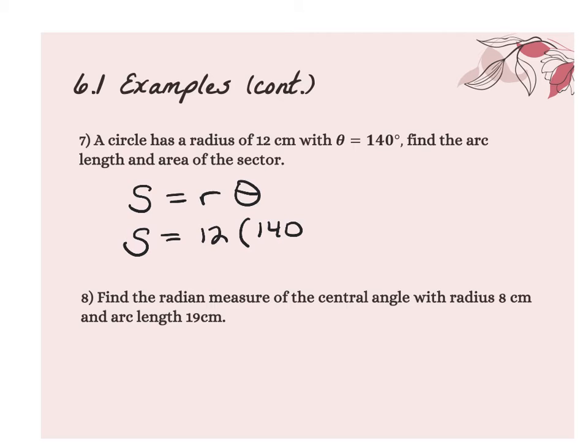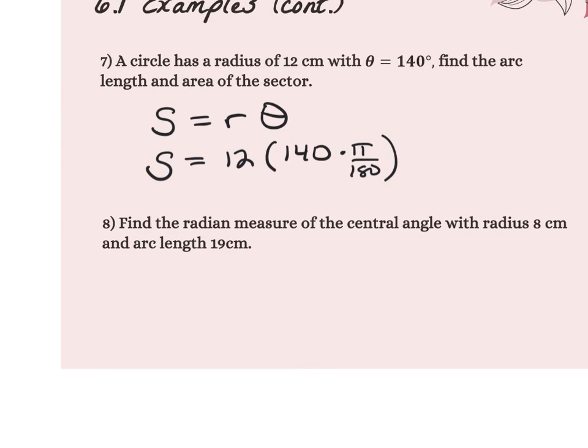But what I'm going to do is instead of, you can either convert it ahead of time. I'm just going to do the conversion right here in the problem. Because to convert degrees to radians, you multiply it by pi over 180. Now, if it says to give the exact value, then you're going to leave your answer in terms of pi.